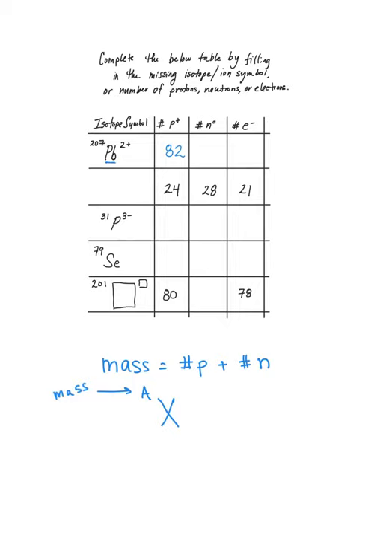For instance, in the very first isotope we're interested in, lead-207, we know that the mass is equal to 207. We now know how many protons this lead isotope's nucleus contains, so if we want to figure out how many neutrons there are, we just subtract 82 from 207. For this lead isotope, we should identify that its nucleus contains 125 neutrons.